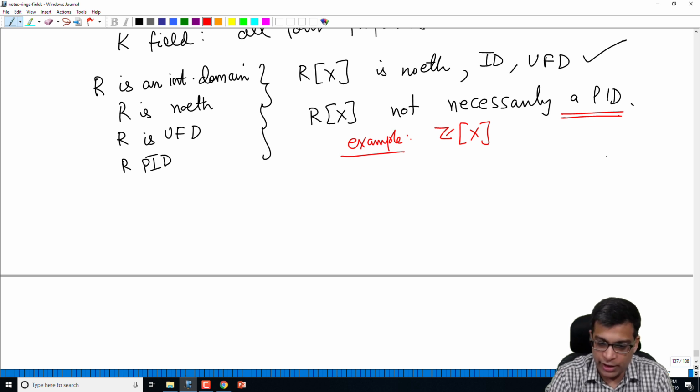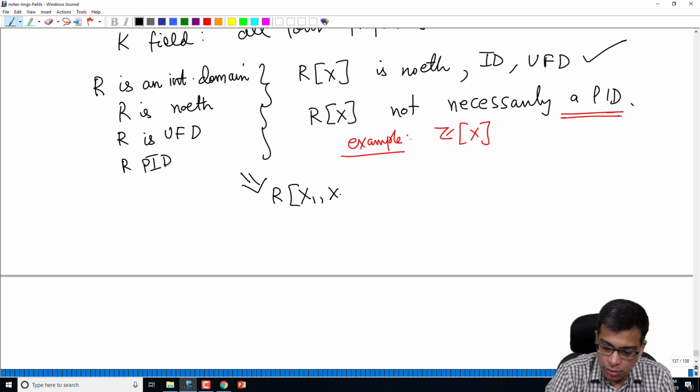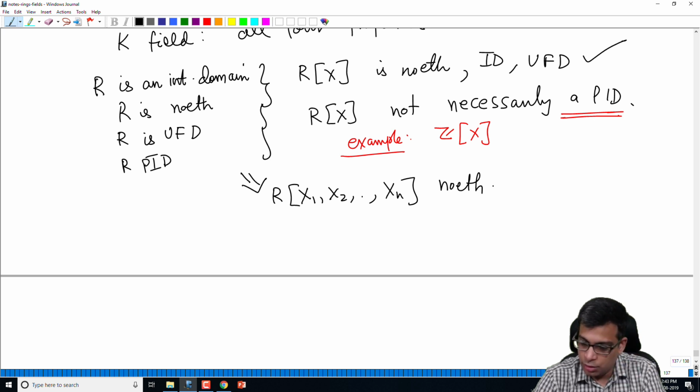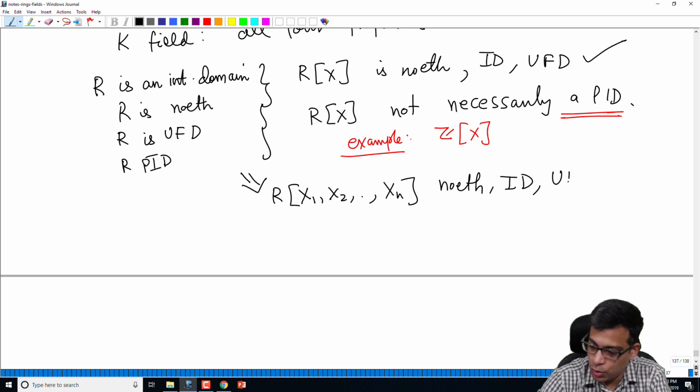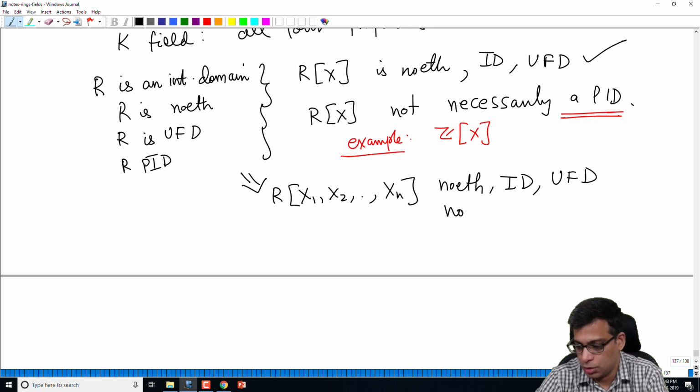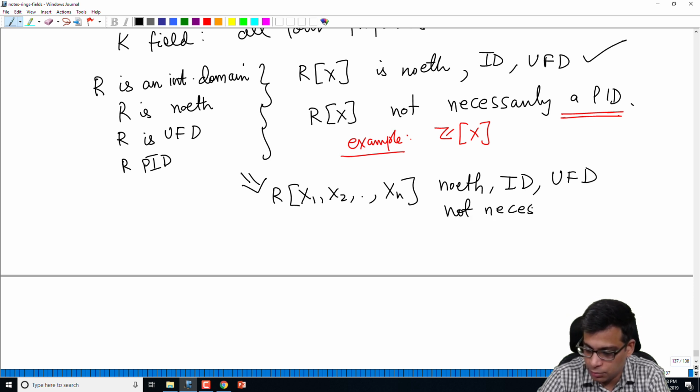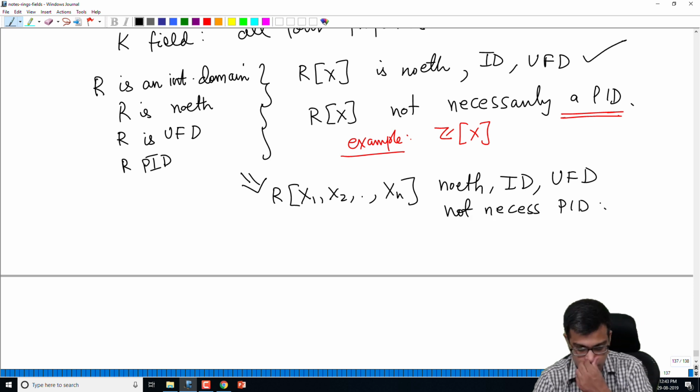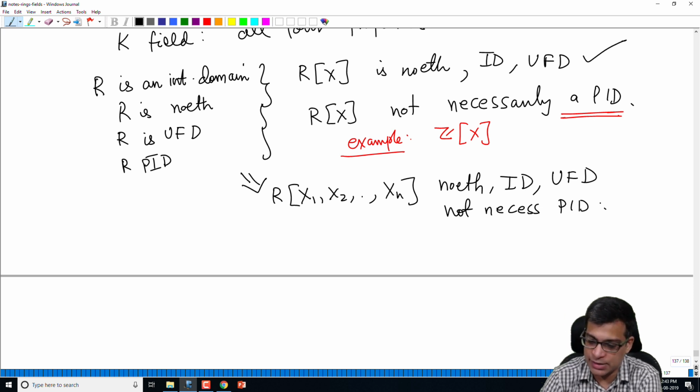So again, these properties will carry over to polynomial rings in any number of variables, finitely many. These are Noetherian, ID, UFD, of course not necessarily PID, as we showed in the one variable case itself. And these are important theorems, right? The Noetherian part is the Hilbert basis theorem.